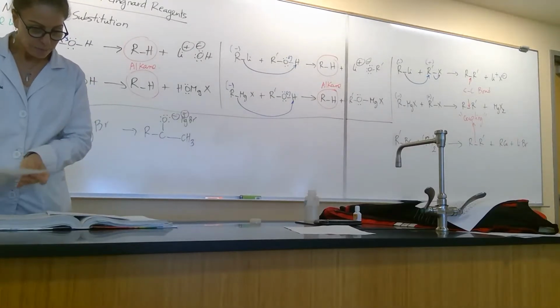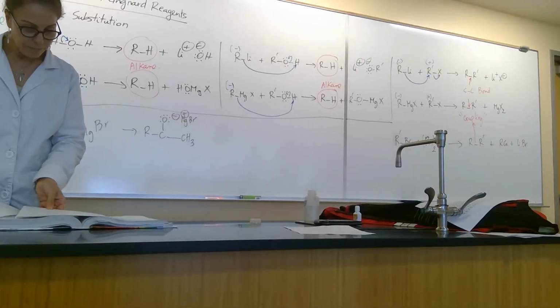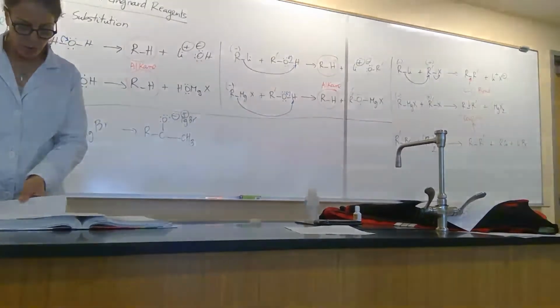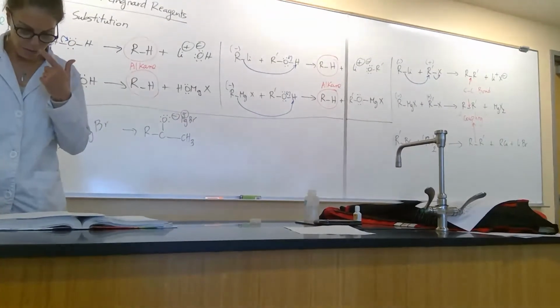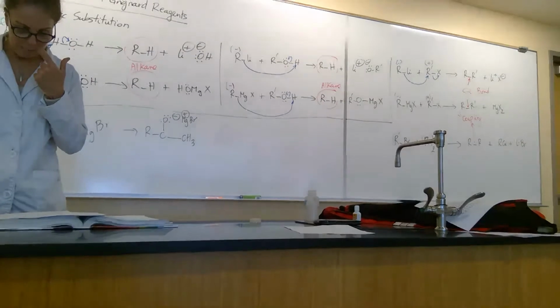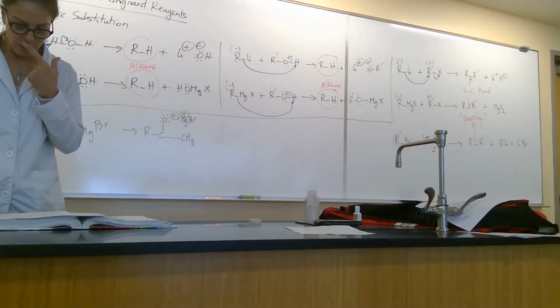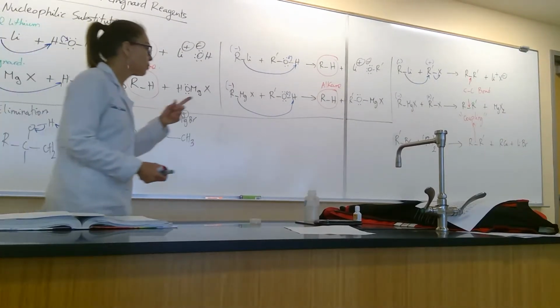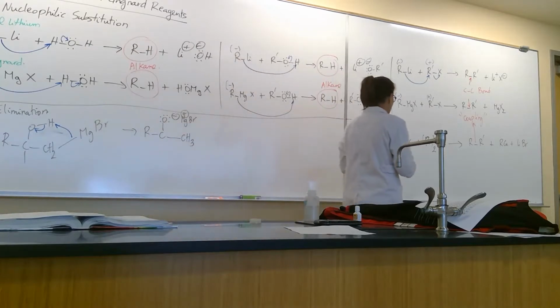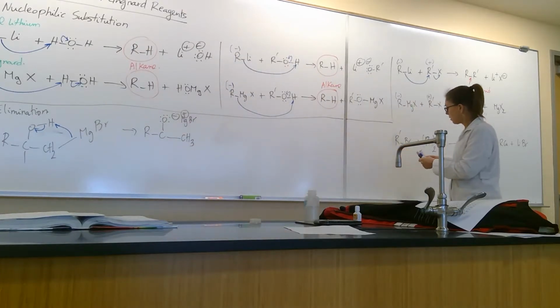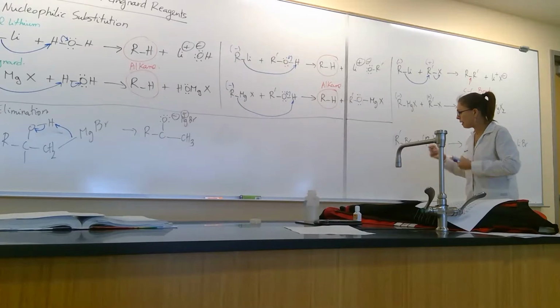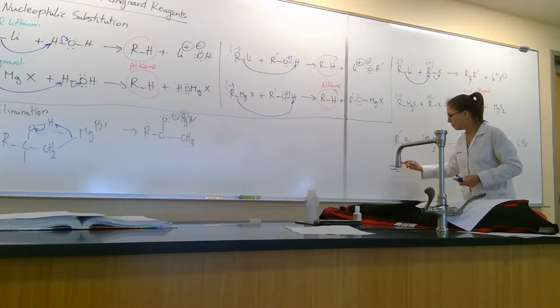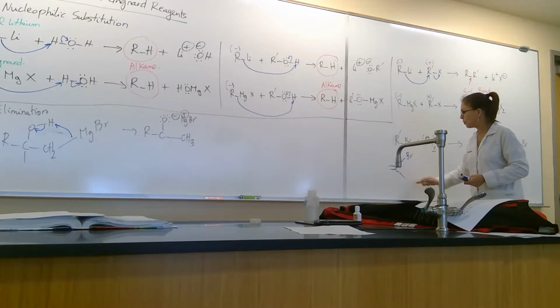Then, what are the most important uses for Gilman? I tell you what works the best for Gilman, which is the last one. It is best when here the alkyl is an allyl. Good.